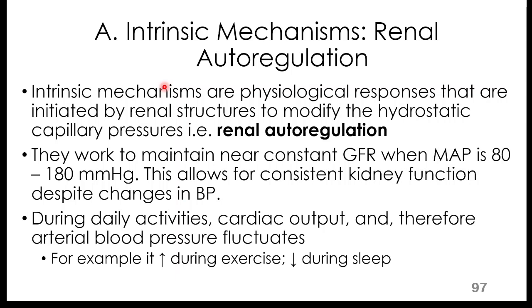So if the blood pressure in them is too low, the oxygen and nutrient supply to the glomerulus itself and to the tubules will be compromised, and that can actually lead to death, necrosis. There's a clinical entity called acute tubular necrosis. It can result from compromise in blood supply.